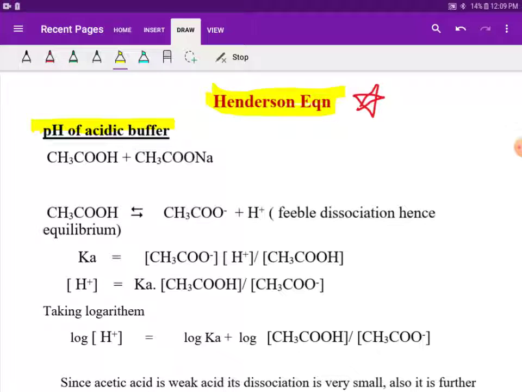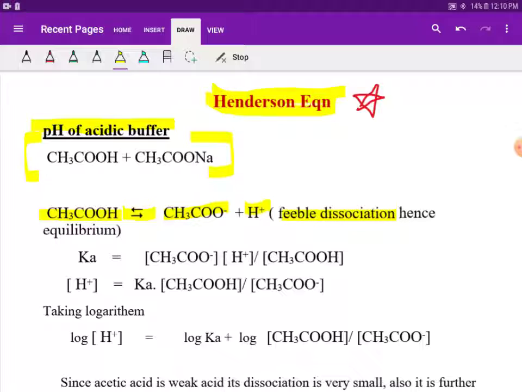Now take a typical acidic buffer, like acetic acid and sodium acetate. In this buffer solution, as I have already mentioned, there is an equilibrium of acetic acid with its own ions, that is acetate ion and H plus ion, because of its feeble dissociation.